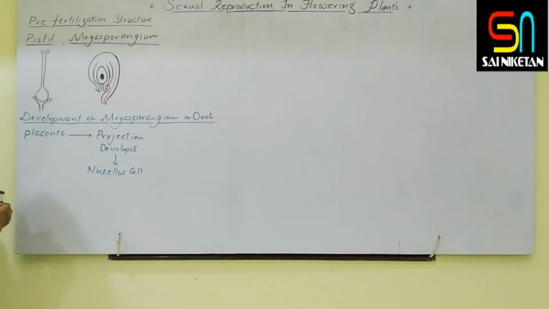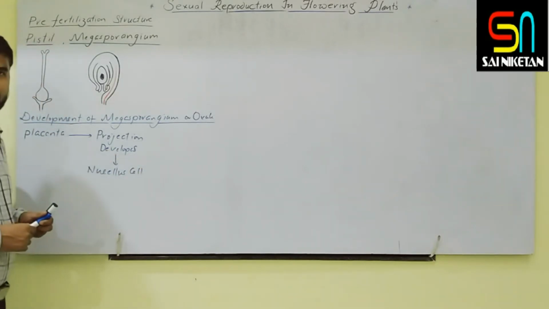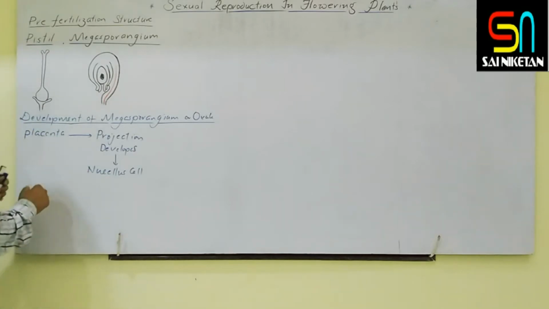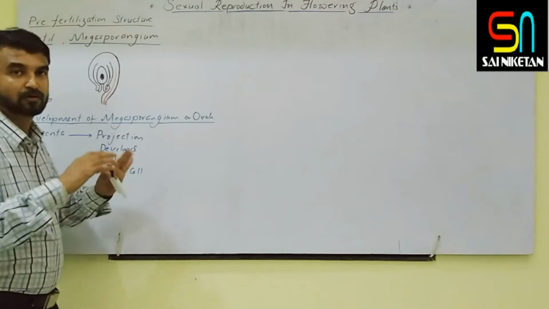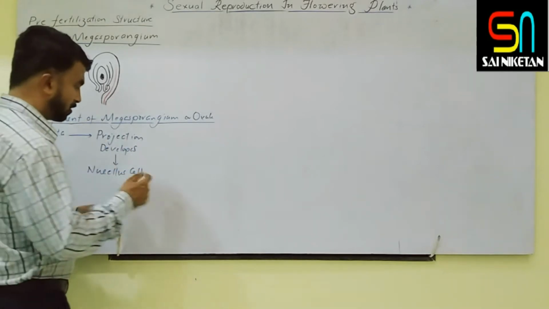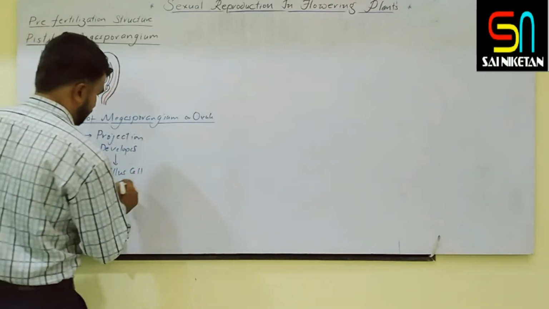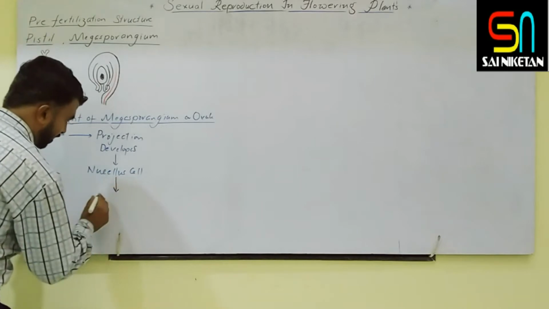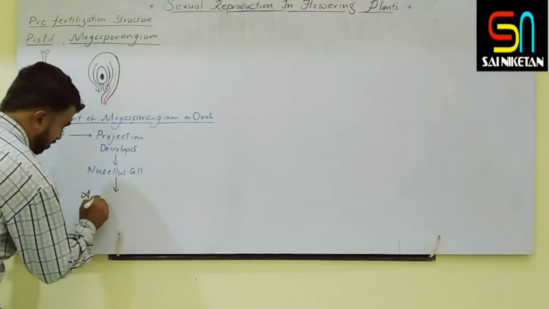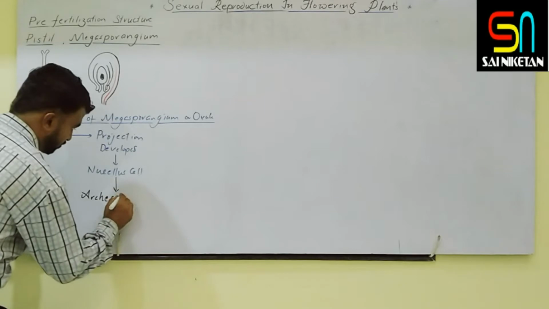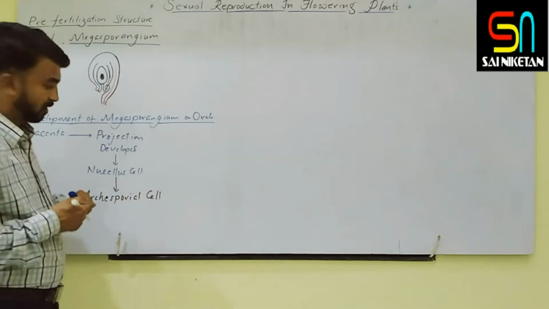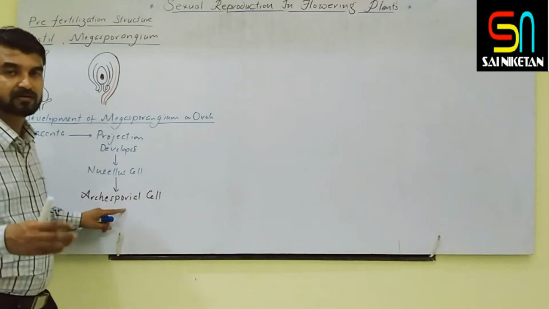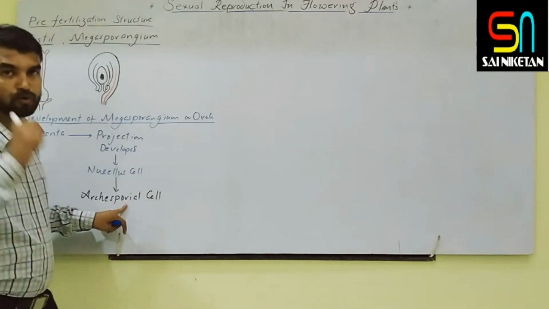These are nothing but nucellus cells, which are hypodermal in position. So from the placenta some outgrowth will take place. These are nothing but the homogeneous mass of nucellus cells. Some of the hypodermal cells of this nucellus become archesporial cells. It is a prominent one with a large amount of cytoplasm and a prominent nucleus.